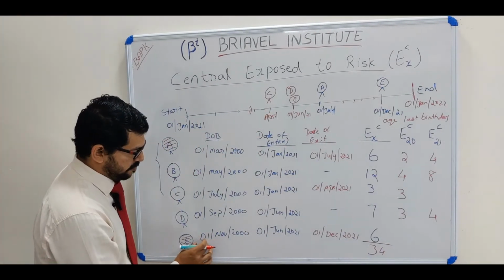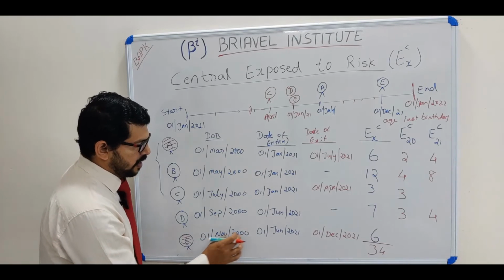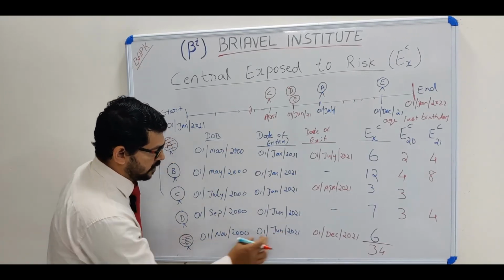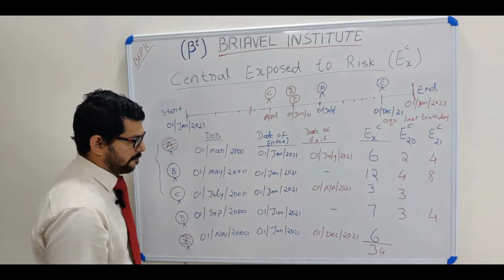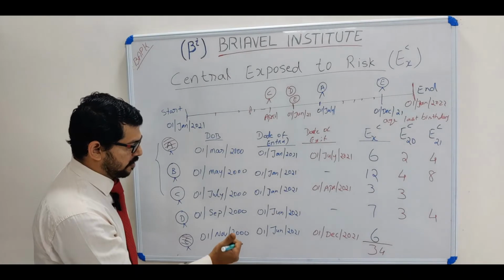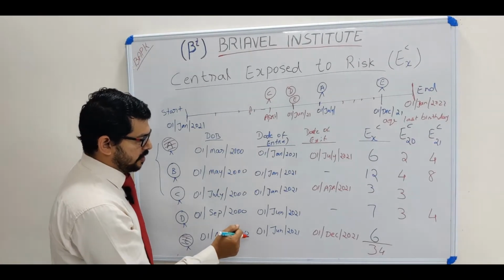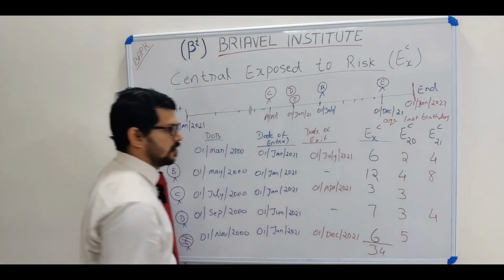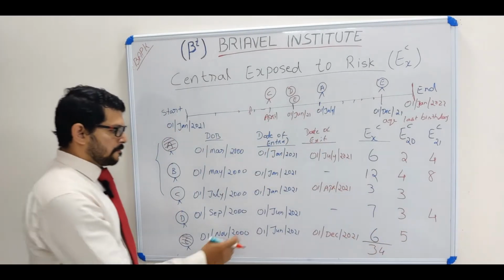And what about the last one? His birthday is 1st November, and he entered on 1st June. So June to November he was at age 20: June, July, August, September, October, 5 months at age 20.